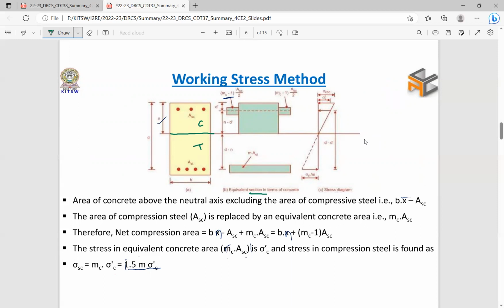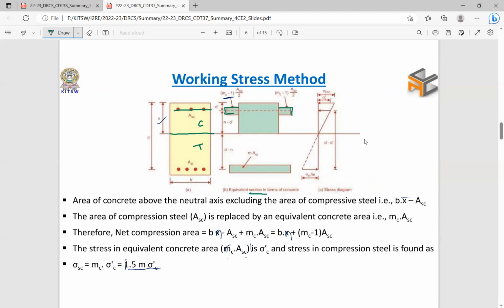Right. So this is the compressive area, but steel compressive strength is more than that of concrete, so steel is provided here. So we have to convert the steel strength into concrete strength. Actually the steel strength is here, but we are projecting it at this location.